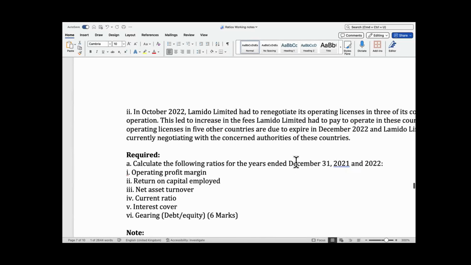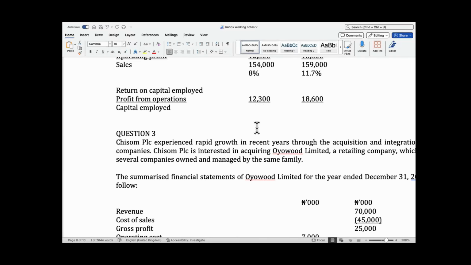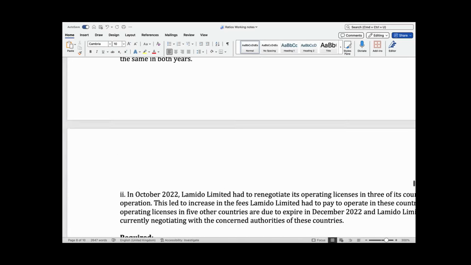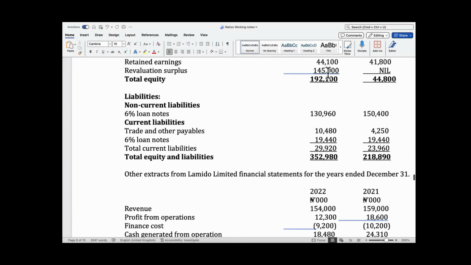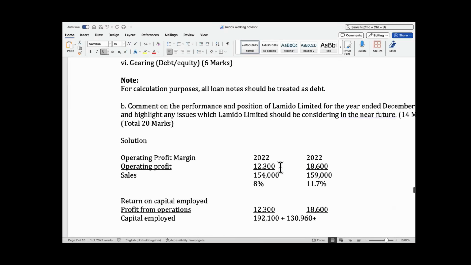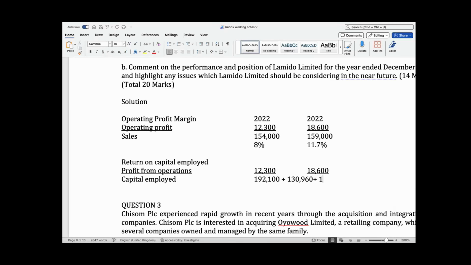Okay, let me note that down. 192,100 plus the long-term debts plus the short-term debts. This is 19,440. Don't omit it. Examiner really doesn't want you to omit it.